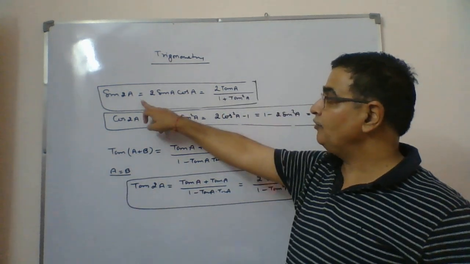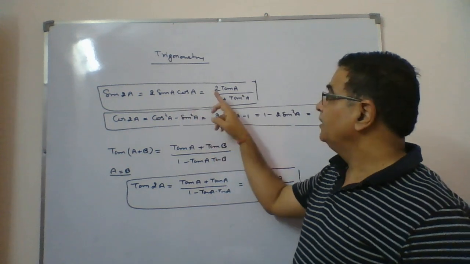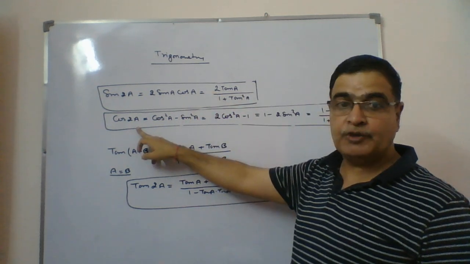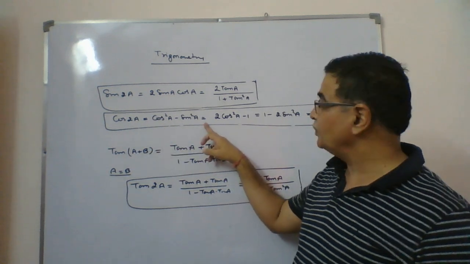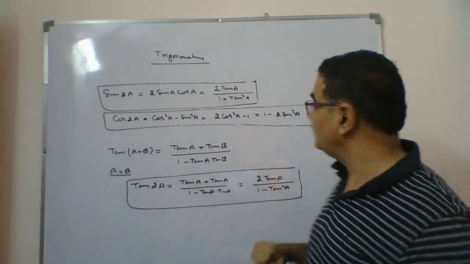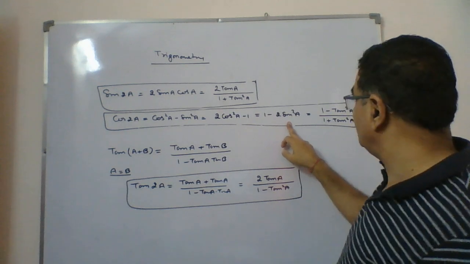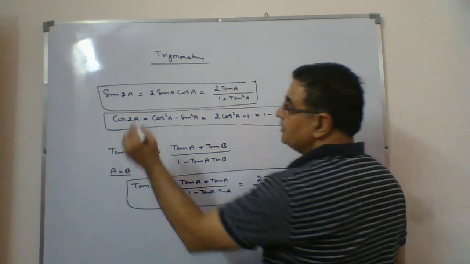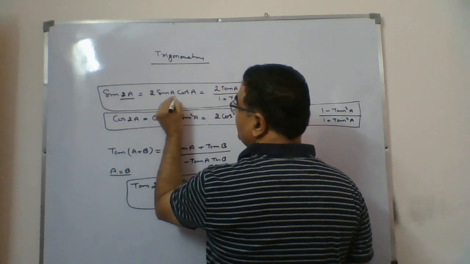So for sin 2A we have the formula 2 sin A cos A, or 2 tan A by 1 plus tan square A. The cos 2A formula is cos square A minus sin square A, or 2 cos square A minus 1, or 1 minus 2 sin square A, or 1 minus tan square A by 1 plus tan square A. Just check here: when the angle is 2A, we take half of it.